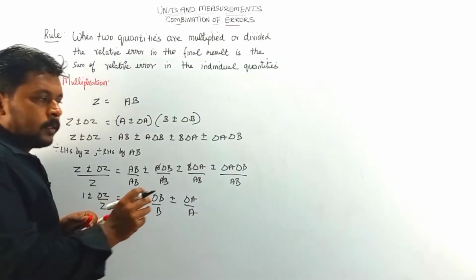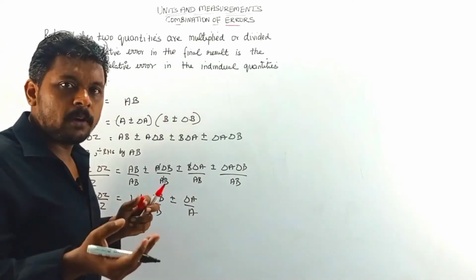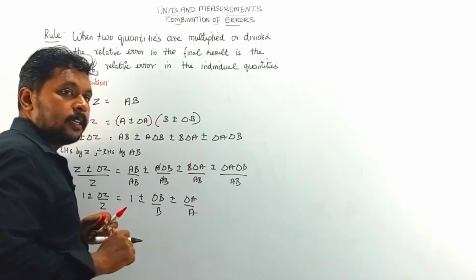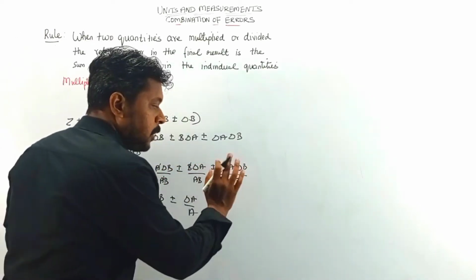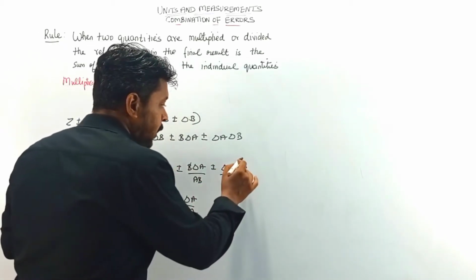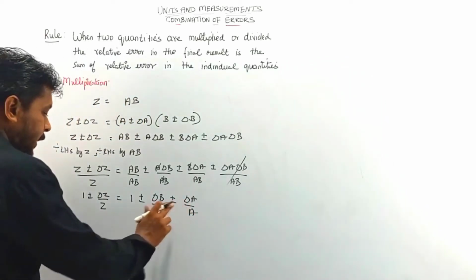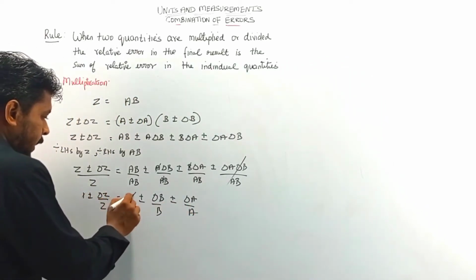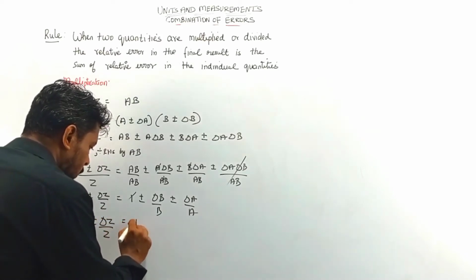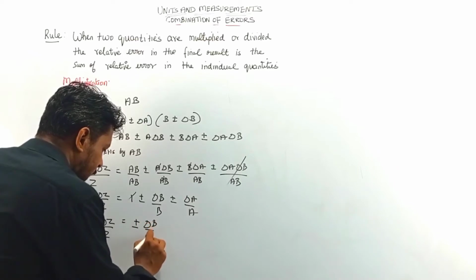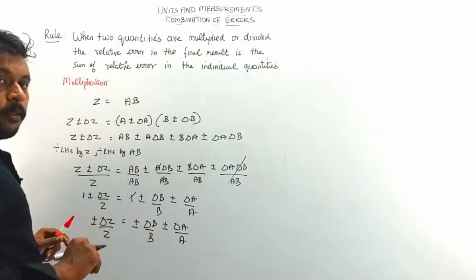And now the product of delta A and delta B is very small compared to the remaining terms, so it can be eliminated. No need to represent it. These are the remaining terms. This 1 and 1 also get cancelled. So plus or minus delta Z by Z is equal to plus or minus delta B by B plus or minus delta A by A. This is the final expression.